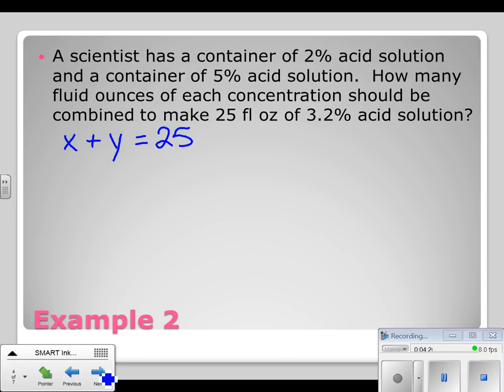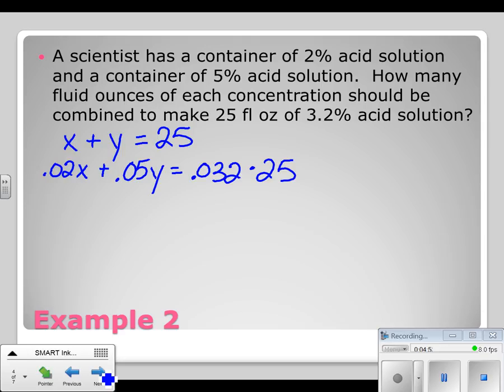So there's our first equation. For our second equation, we have a 2%, so I'm going to write that as a decimal, 0.02 of one solution. When we combine that with 0.05 of the other solution, we want to make a 3.2%, so as a decimal, 0.032 of our 25 fluid ounces. So there is our second equation. So now we have our system.